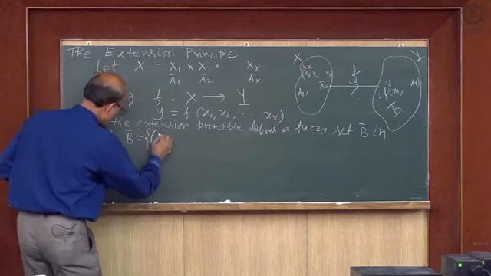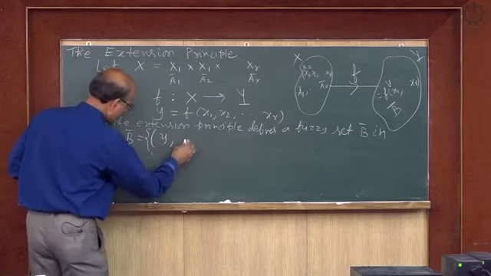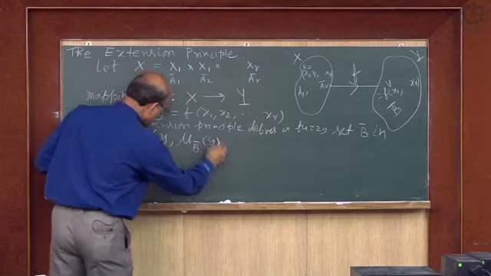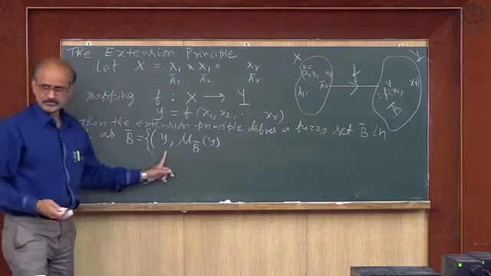B bar as the set of y and mu B bar of y. That will be a fuzzy set.